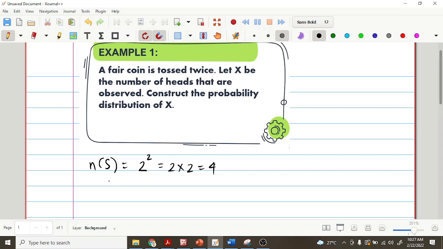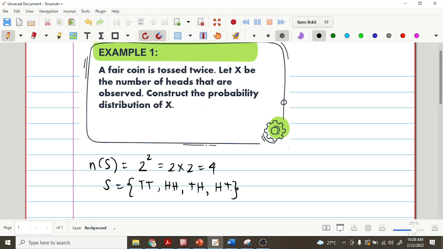So, therefore, ano yung mga possible outcomes or yung magiging elements ng ating sample space S? So, kapag nag-toss tayo ng isang coin dalawang beses, pwedeng dalawang tails, pwedeng dalawang heads, pwedeng nauna yung isang tail followed by isang head, and then pwedeng nauna si head at followed by isang tail.